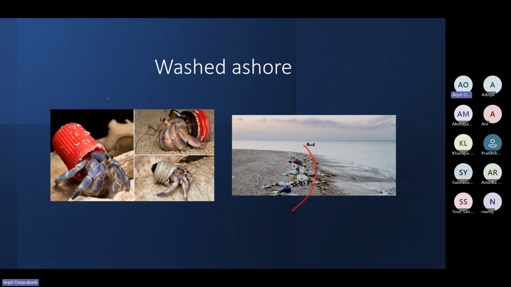So, for example, hermit crabs don't create their own shell. They generally use a shell of any other mollusk that they can find. But when a large number of plastic materials are washed ashore on the beach, they tend to use these materials.